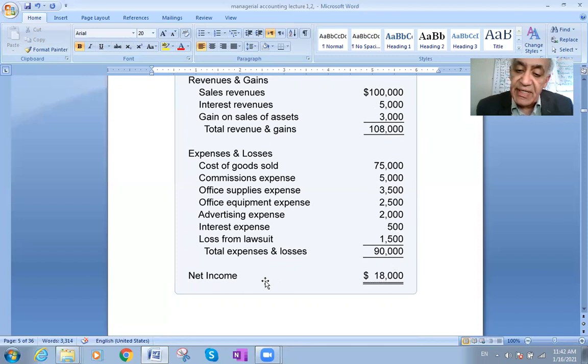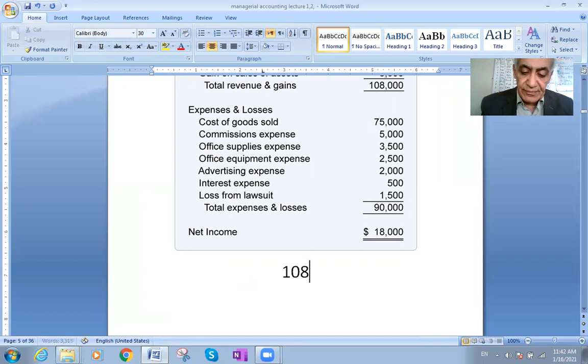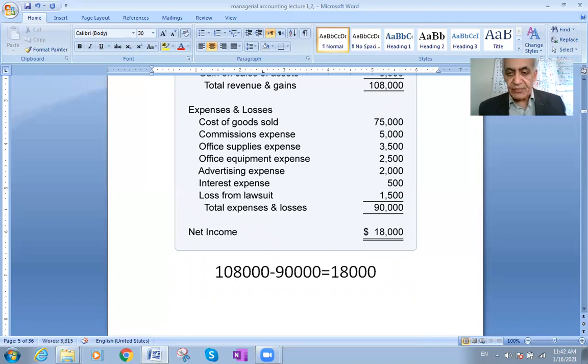The net income will be 108,000 minus 90,000. Here I will write it down: 108,000 minus 90,000 gives me 18,000. And this is the end of this example.